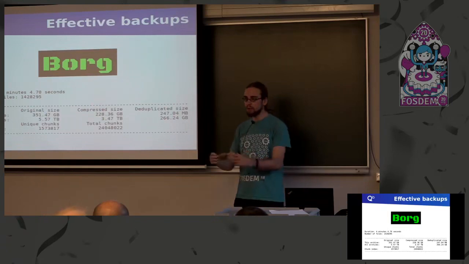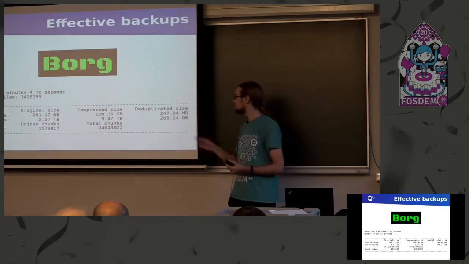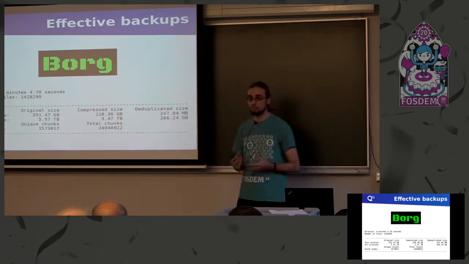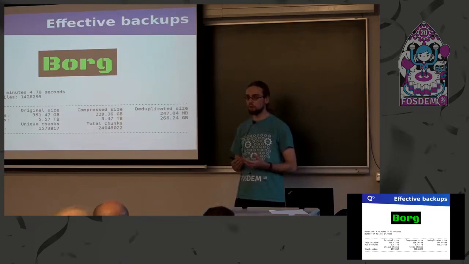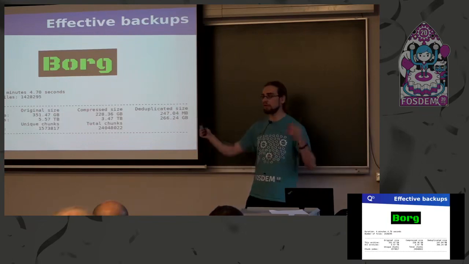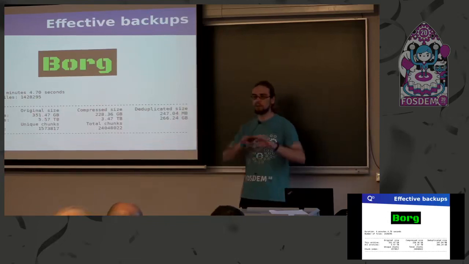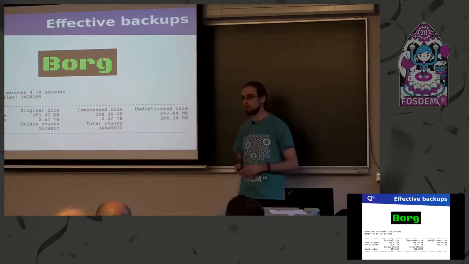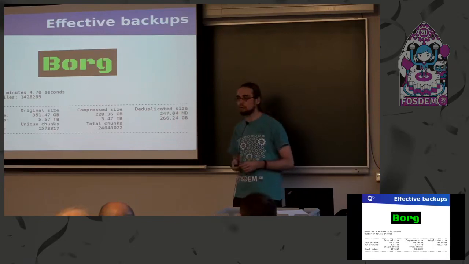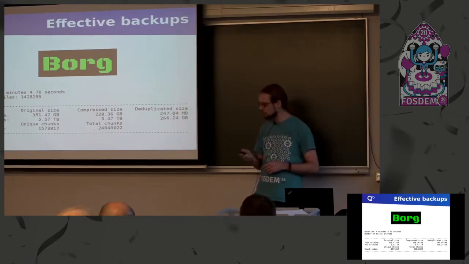So effectively, on my backup hard drive, there's only 266 gigabytes used. But if I were to expand all the backups in time to recover all the files, it would have a total of 5.7 terabytes of combined data across everything. So it's really, really effective deduplication.